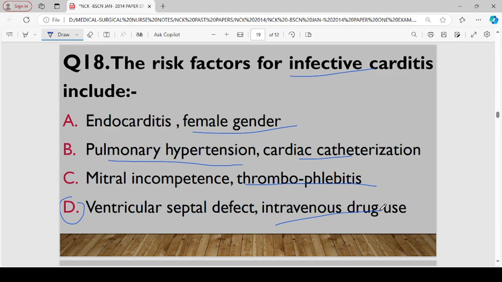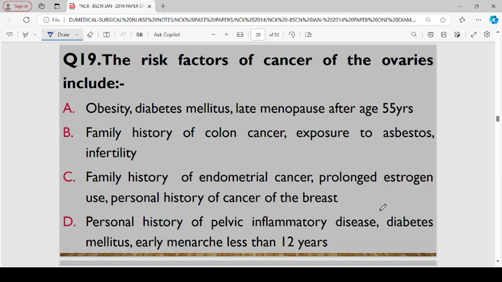The risk factors of cancer of the ovaries. All right, obesity, yeah, I agree. But diabetes is not a major risk factor for cancer, right? So just to help me, I can use it to rule out some multiple choices so that I'm remaining with family history, B and C, right?